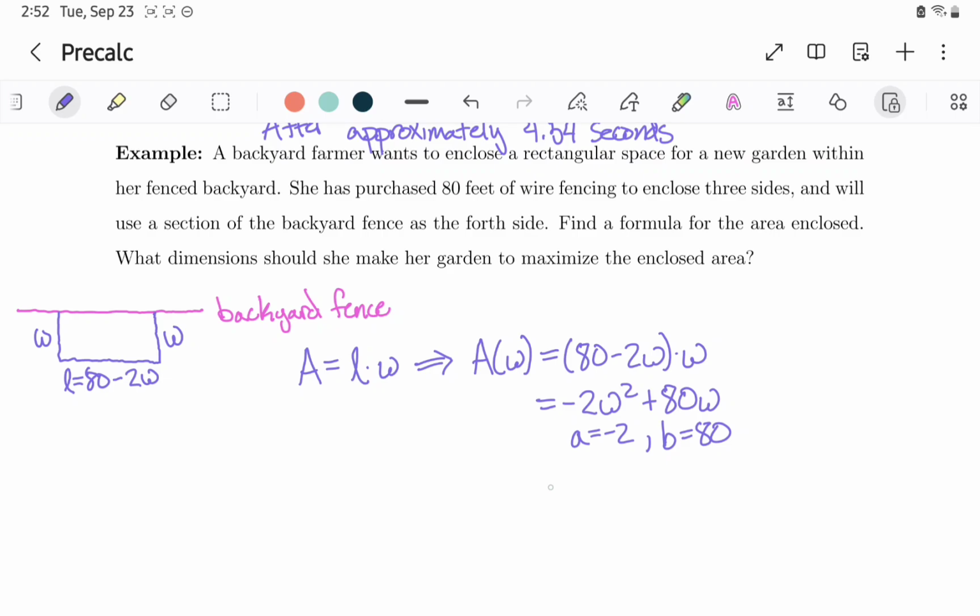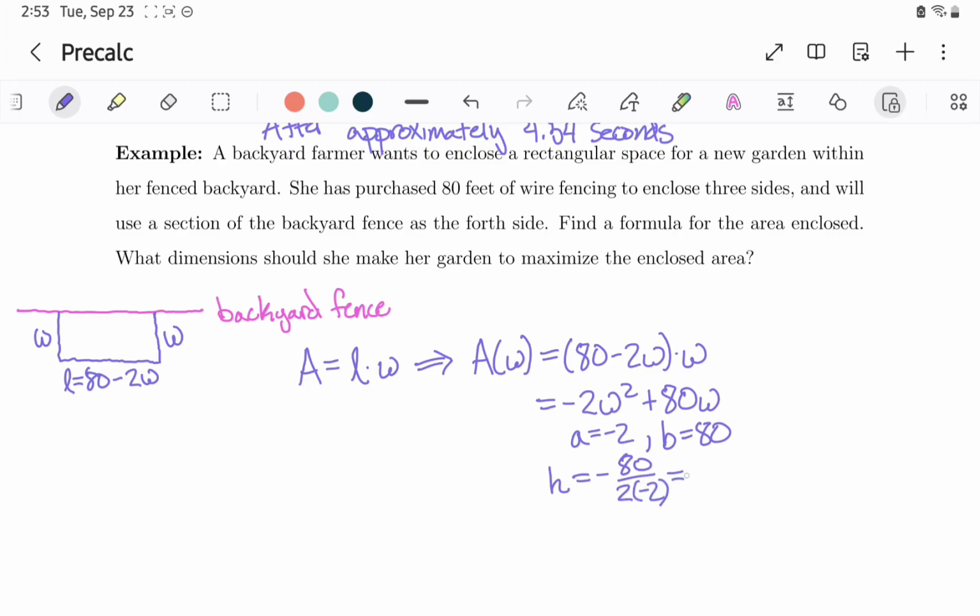Okay, and then according to our formula for the vertex, H is equal to minus B over 2A, so minus 80 over 2 times -2.